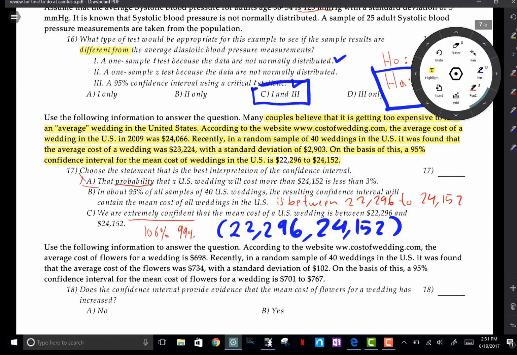If they had put 95% instead of extremely confident, C would have been the correct answer. But since they didn't put 95%, the closest interpretation will be B. Ideally, C would be the correct answer as long as they put 95% instead of saying extremely confident. Alright, so that's it for 17.